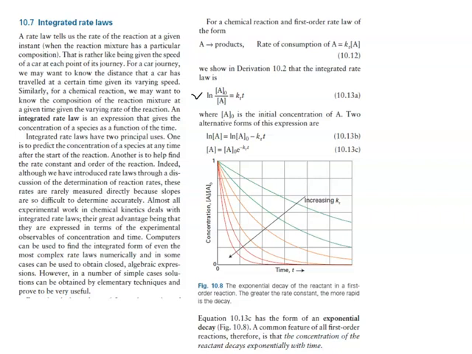apply and know them. So in this particular case, the integrated rate law would be the natural log of the ratio of the initial concentration of A over the concentration of A, and that's going to equal the rate constant times time. Two alternative forms of the expression are as follows.